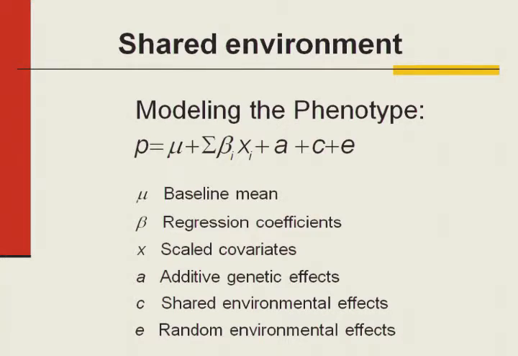If it's categorical, but it only has 2 categories, like smoker, non-smoker, then you can easily deal with that as a covariate. It gets difficult to deal with things as covariates when they're categorical and have a bunch of categories.